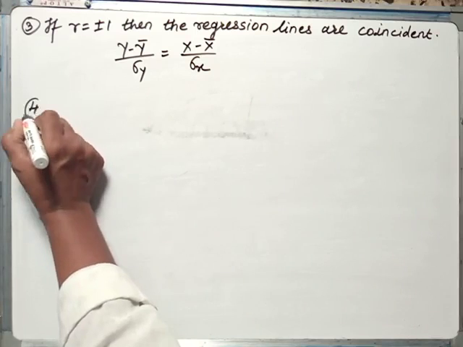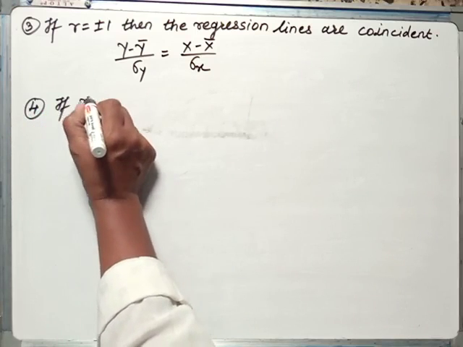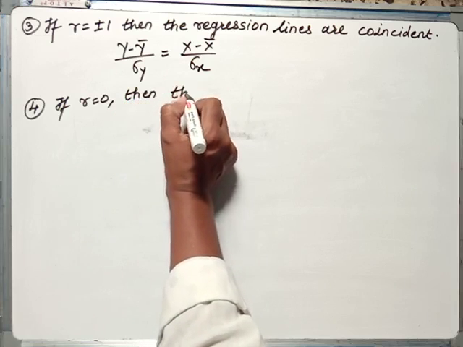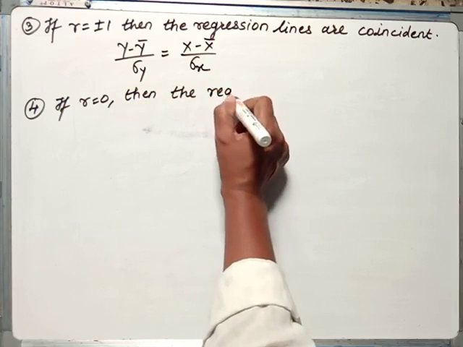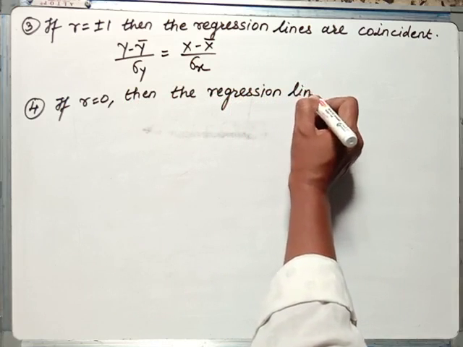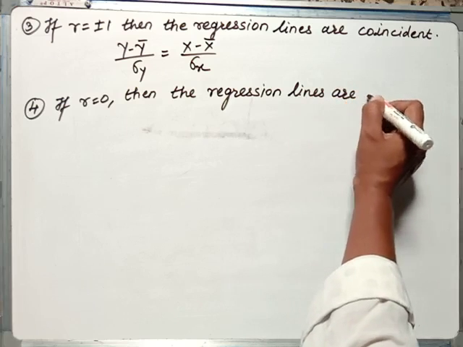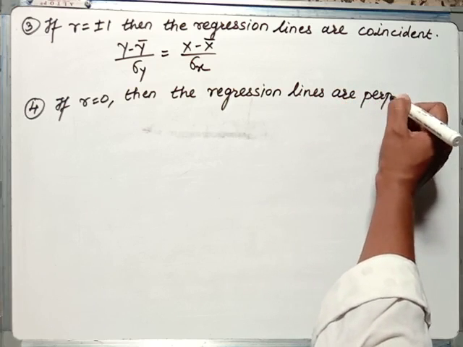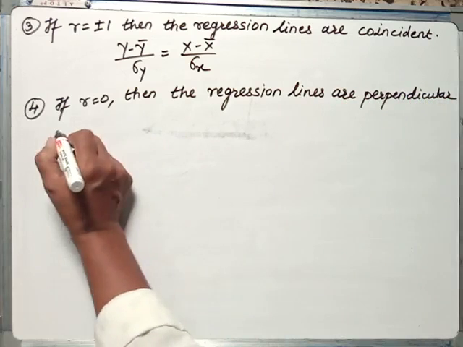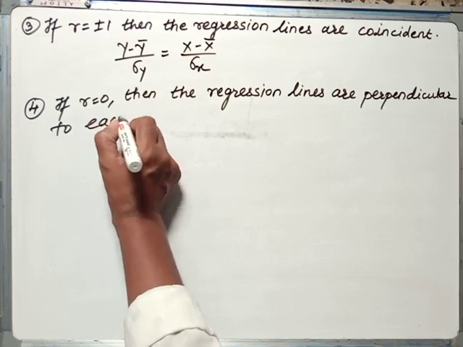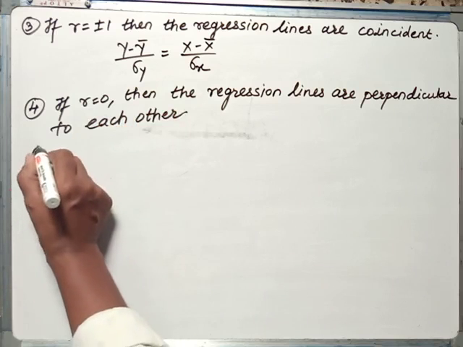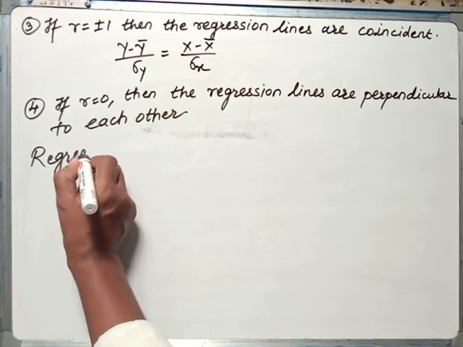Next, note that if r equals 0, then the lines of regression are perpendicular to each other.